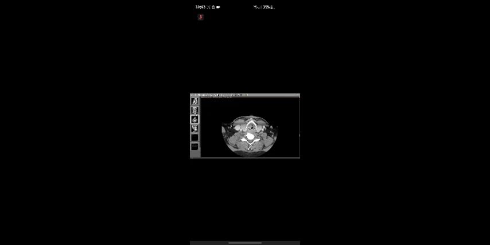This is the asymmetric density here at the level of the cricoid cartilage now, so this will be the undersurface of the glottis. Continue. Yes, it is involving because I can see it is causing airway narrowing on the right side. So in conclusion, it is a transglottic mass involving the glottis, extending supra and infraglottically.